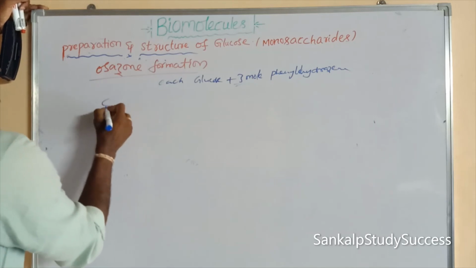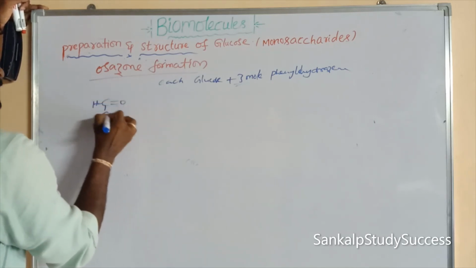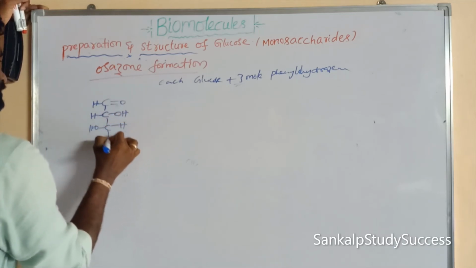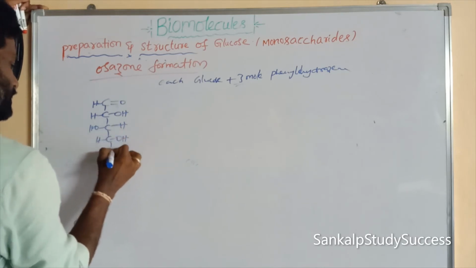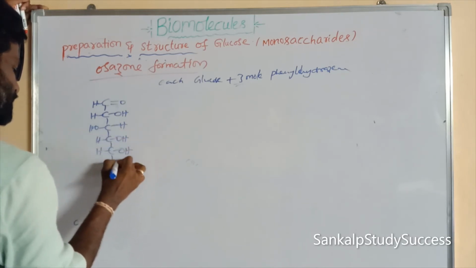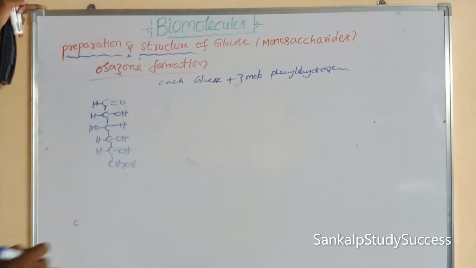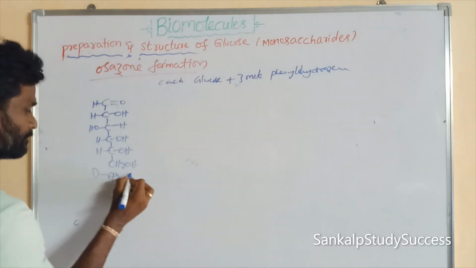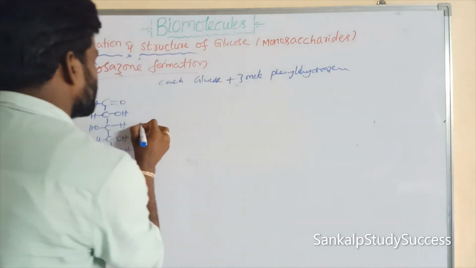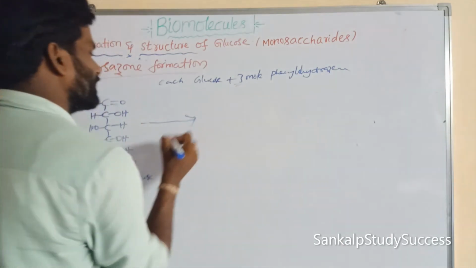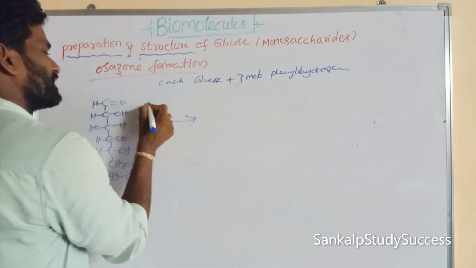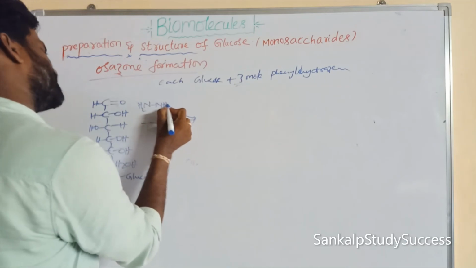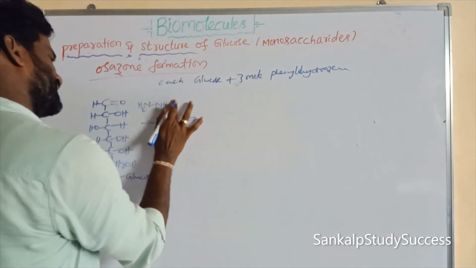We can take glucose. This is the open chain structure of glucose, CHO, CHOH, CHOH, CHOH, CHOH and CH2OH. This is the open chain structure of D-glucose, right? This can be treated with phenylhydrazine. NH2NH is hydrazine, and one hydrogen is replaced by a phenyl group, the benzene group, C6H5.